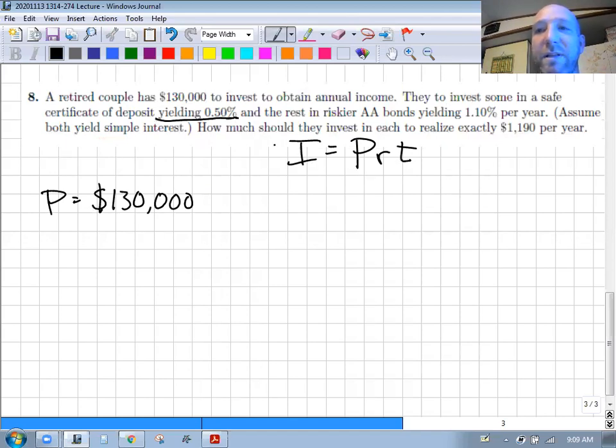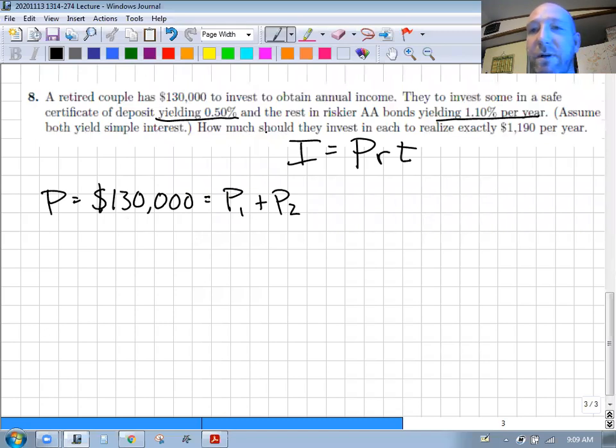There's going to be one at this interest rate and another at this interest rate. So let's say that this is P1 plus P2, two different principals. We don't know how much yet we're going to put into each account. But we know that together they add up to $130,000.